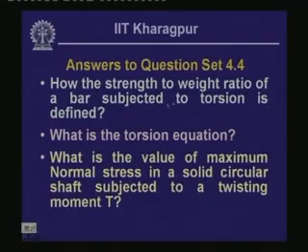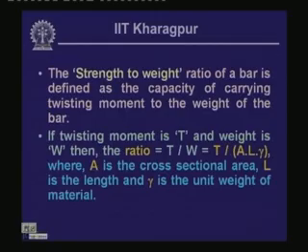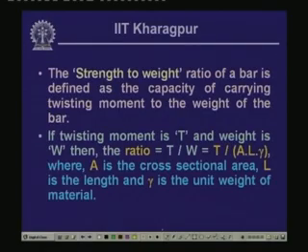Now, how is the strength to weight ratio of a bar subjected to torsion defined? If you remember, we did an example wherein we had evaluated the strength to weight ratio. Basically, by the term strength of a bar against twisting motion, we mean how strong the bar is to resist the twisting moment.